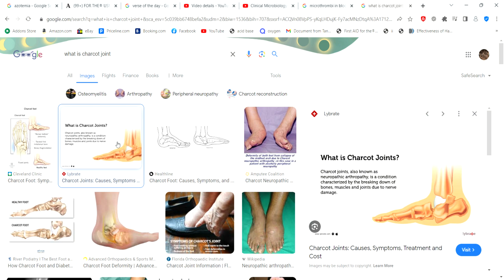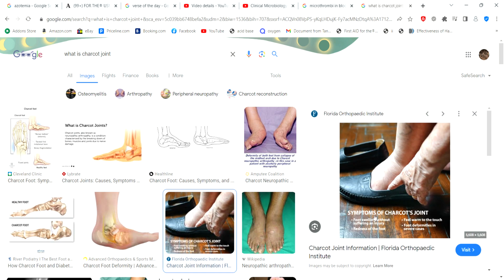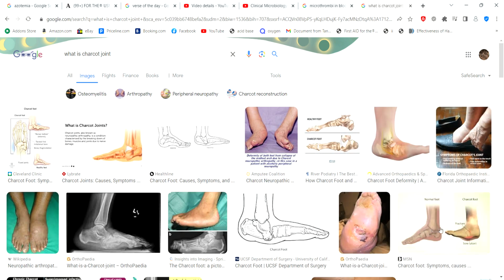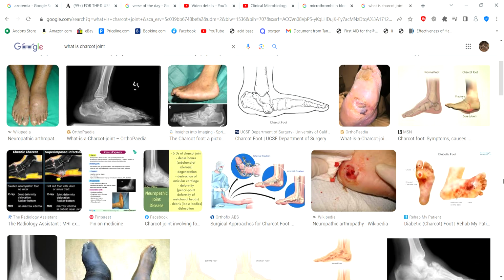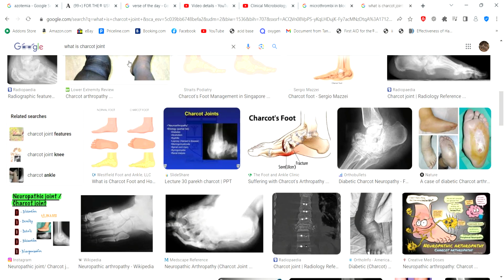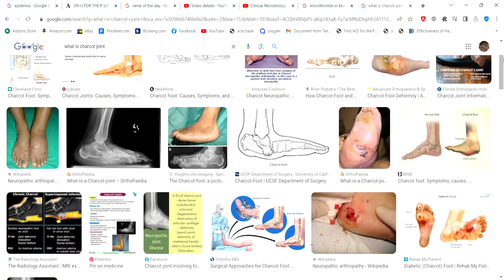It's a condition characterized by breaking down of the bones, muscles, and joints due to nerve damage. Oh my goodness, so swollen joint.